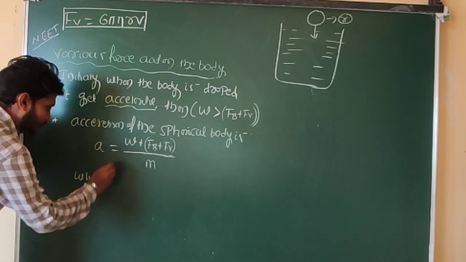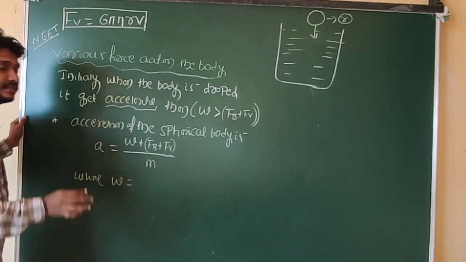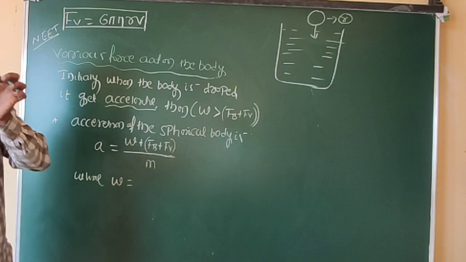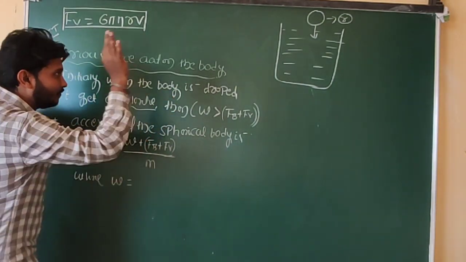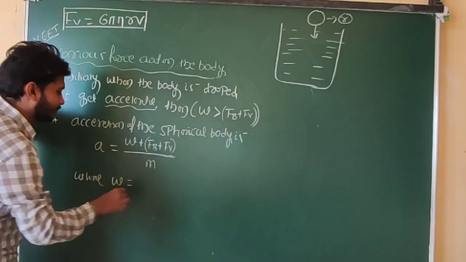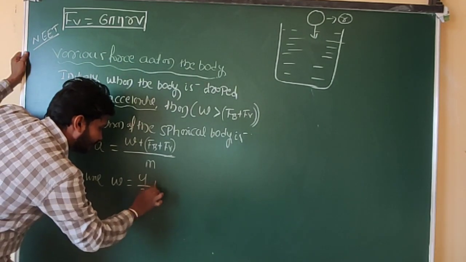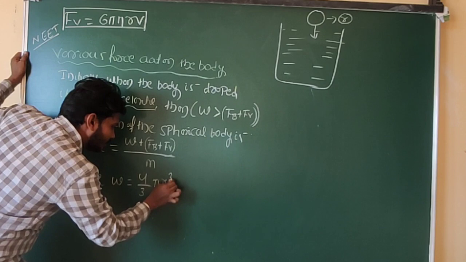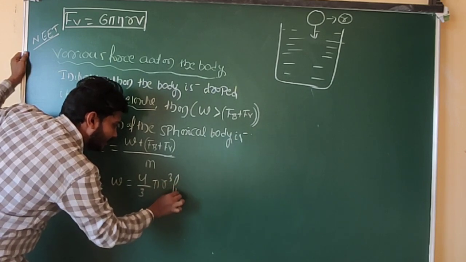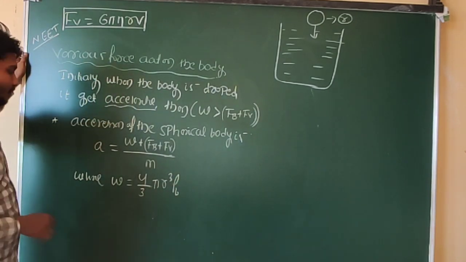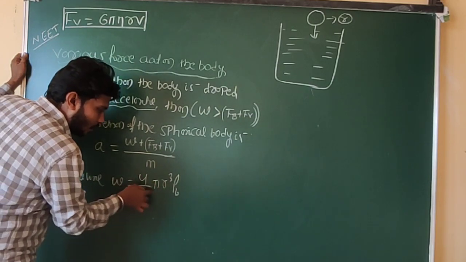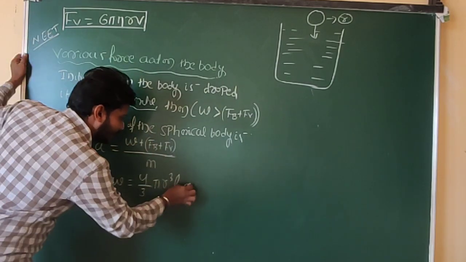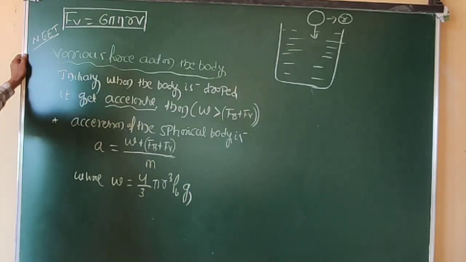Where W is equal to m g. Mass is density into volume. For a spherical shape, volume is 4 by 3 pi r cube, so mass is 4 by 3 pi r cube into the density of the body. So weight is volume into density into g.